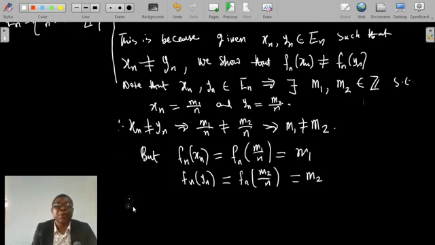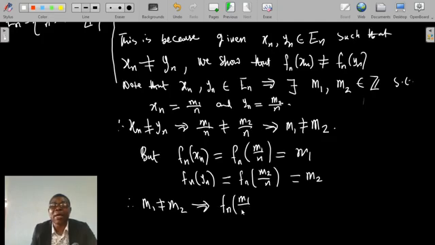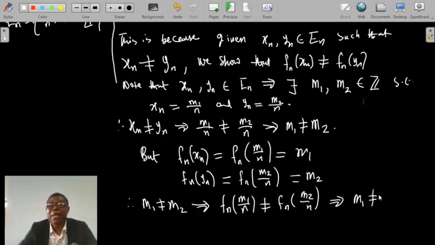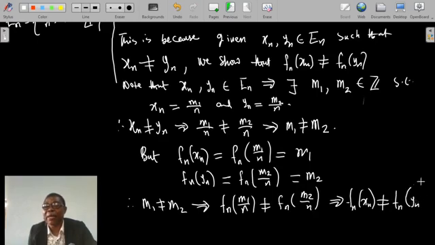Therefore, m1 not equal to m2 implies that Fn of m1 over n is not equal to Fn of m2 over n. And this implies that Fn of Sn is not equal to Fn of Yn.